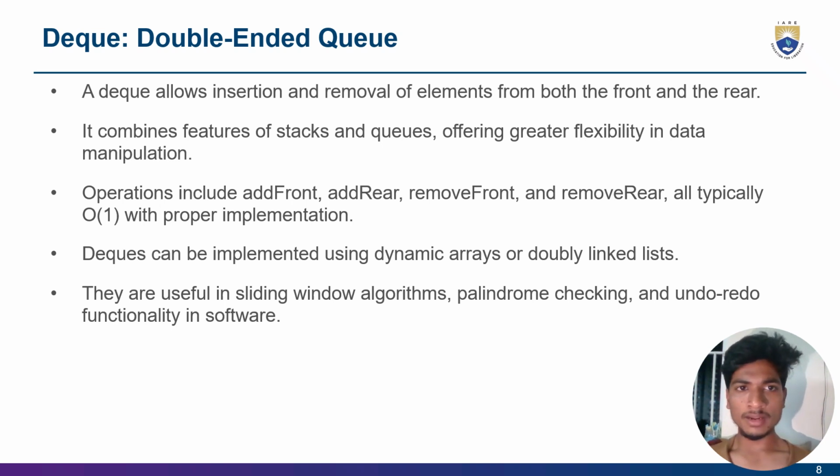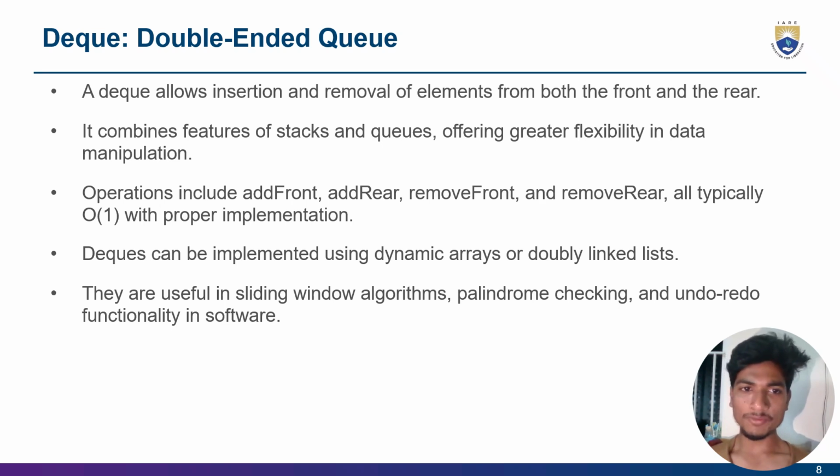Deque, double-ended queues. A deque allows insertion and removal of elements from both the front and the rear. It combines features of stacks and queues, offering greater flexibility in data handling.